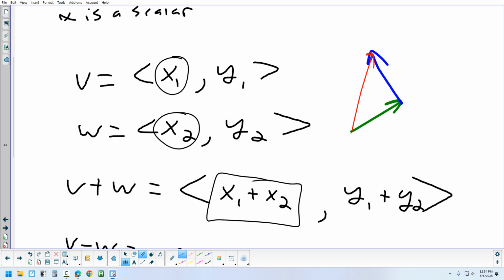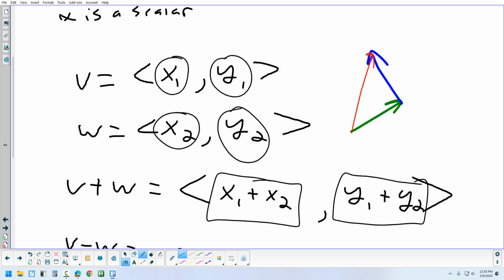And then add the y value from that vector to the y value from that vector, and that becomes the y value for the new vector. Did we do this yesterday? Well, we did it visually, but we didn't do it with addition. So addition is very simple. You just add the two horizontals together, add the two verticals together, and that's your new vector. And that's without any sketches.